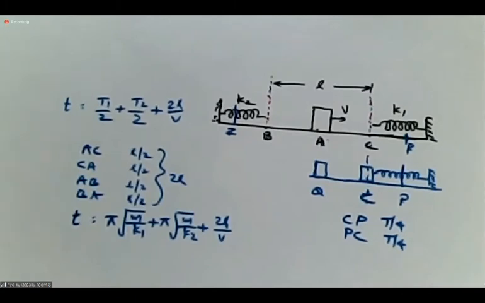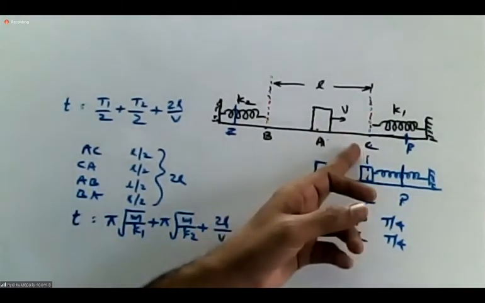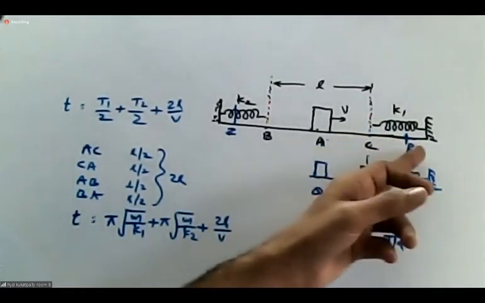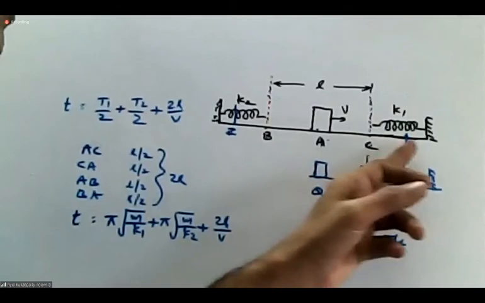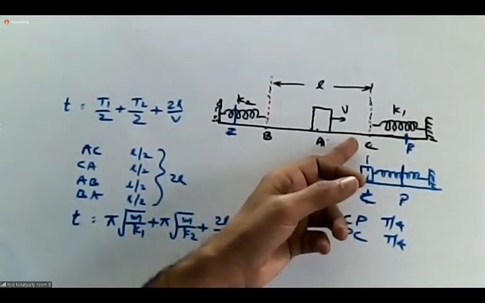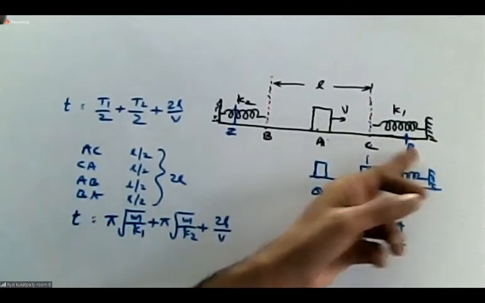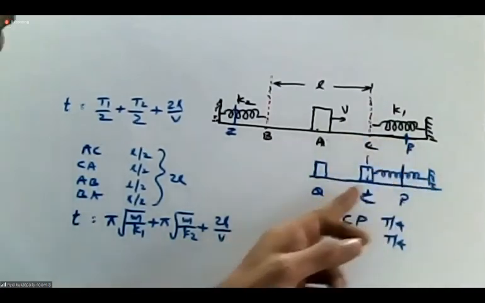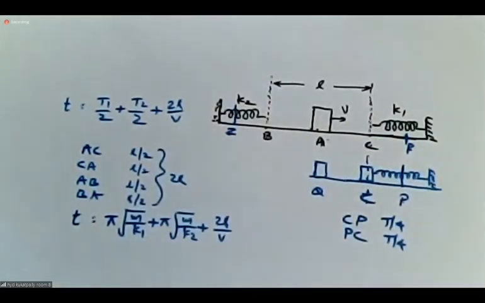Sir, once can you explain from C to P, P to C, how did you write T by 4? C to P only it is in contact with the spring, compresses the spring up to maximum P. So this is equilibrium position C, P is extreme position, equilibrium to extreme time taken T by 4.